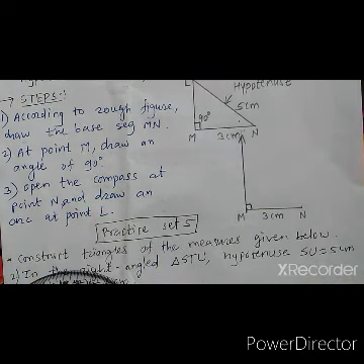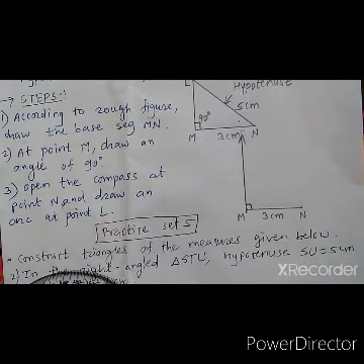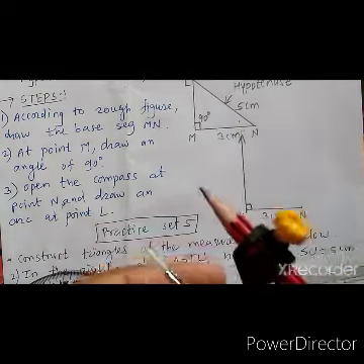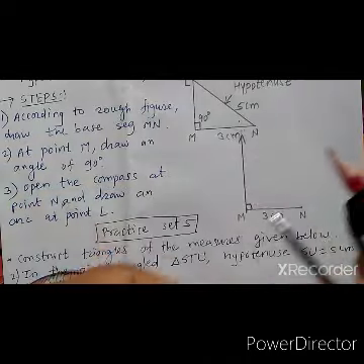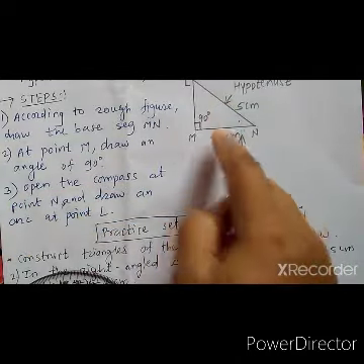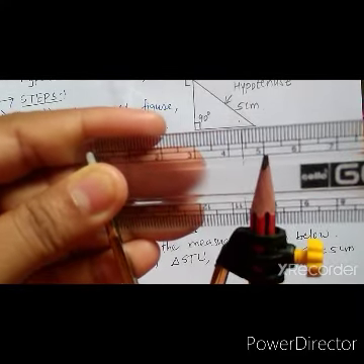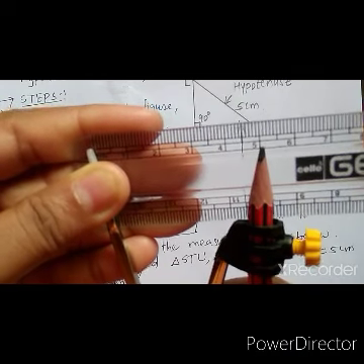Now we have to take a compass, and by using this compass we have to draw an arc at point N. So open the compass at point N, and hypotenuse, this side is given 5 cm, therefore we have to take distance 5 cm. So 0 to 5.